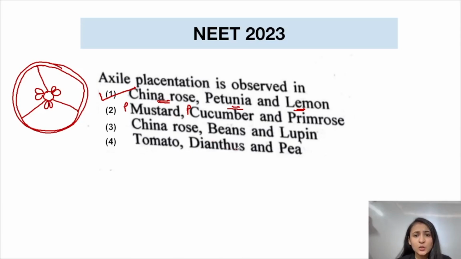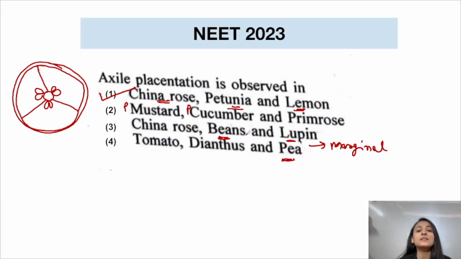Beans, lupin and pea, all of these three show marginal placentation because all of these belong to the family Fabaceae. If you know, pea belongs to the family Fabaceae, we just studied that a few minutes back. So beans, lupin and pea belong to the same family and members of the same family would have the same characteristics.